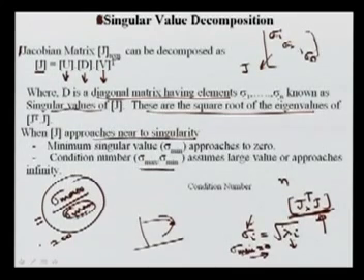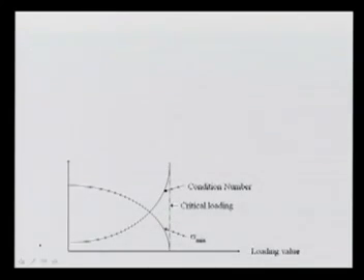Now you can see the curve for this variation. As the loading factor keeps on increasing, the condition number keeps on increasing, whereas the singular value keeps on decreasing, and finally becomes 0. So this shows that the condition number is increasing, or the minimum singular value is decreasing.